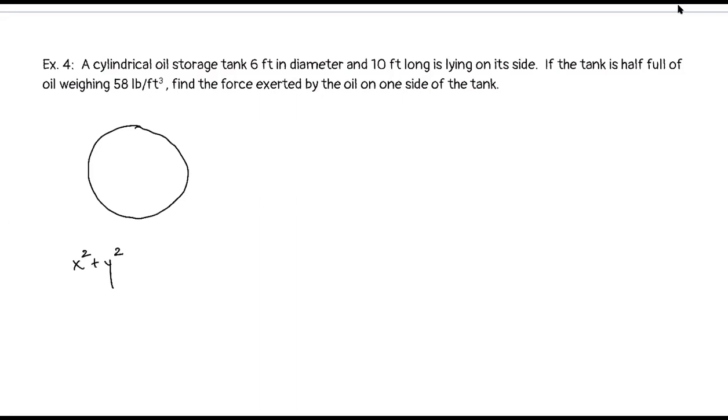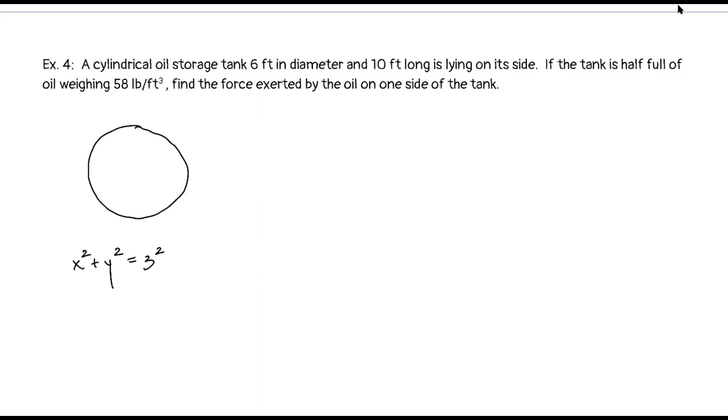You don't even need x minus anything or y plus anything. It's just x squared plus y squared, and then I just need to know the radius and square that. The radius in this case is not 6, but 3. So to me, this equation is the most straightforward way to describe this shape.